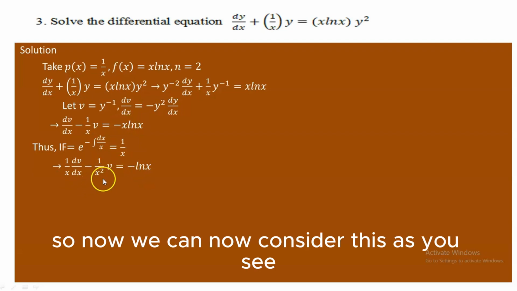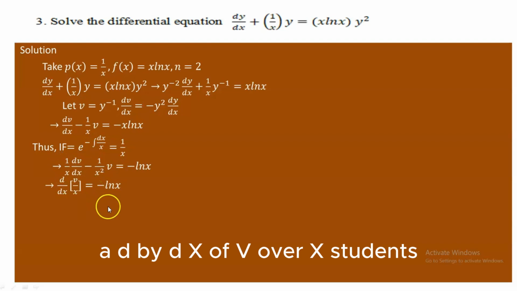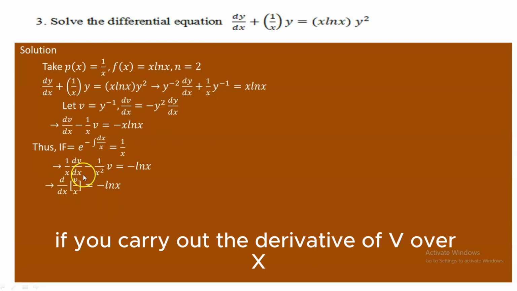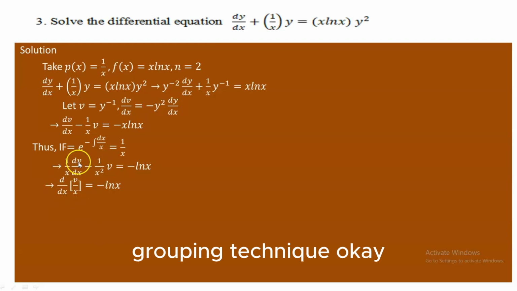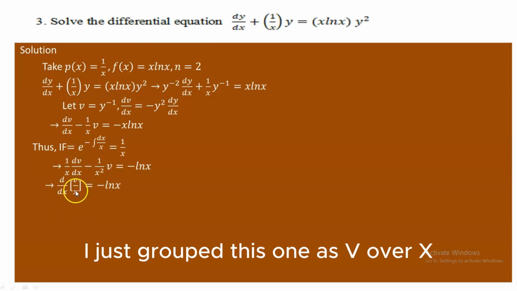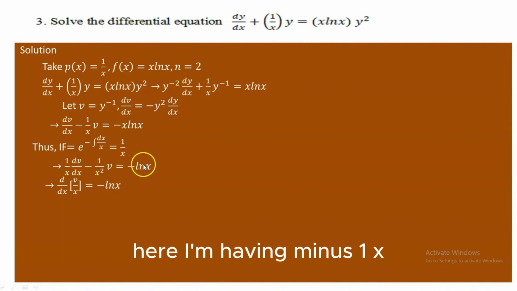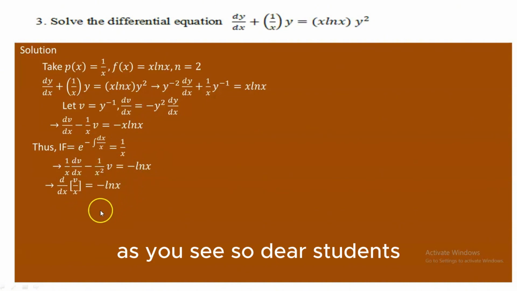So now we can consider this as d by dx of v over x, students. If you carry out the derivative of v over x with respect to x, you will encounter this one. I just grouped this as v over x. Here I am having minus ln x, as you see.